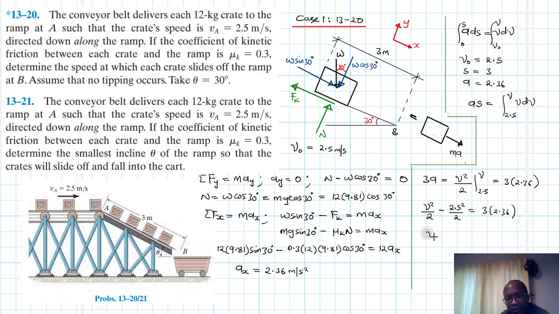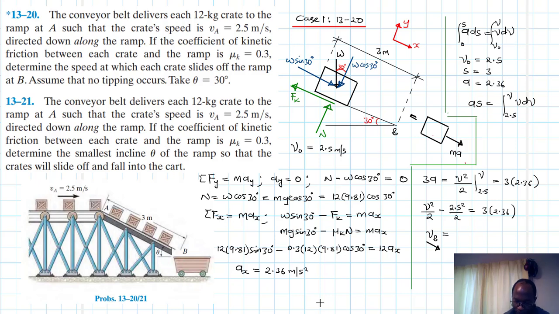Our v, therefore our vB, let's work it out. Mind you, there is a square there. Our v is going to be equal to the square root of 3 times 2.36 plus 2.5 squared divided by 2, then by 2.